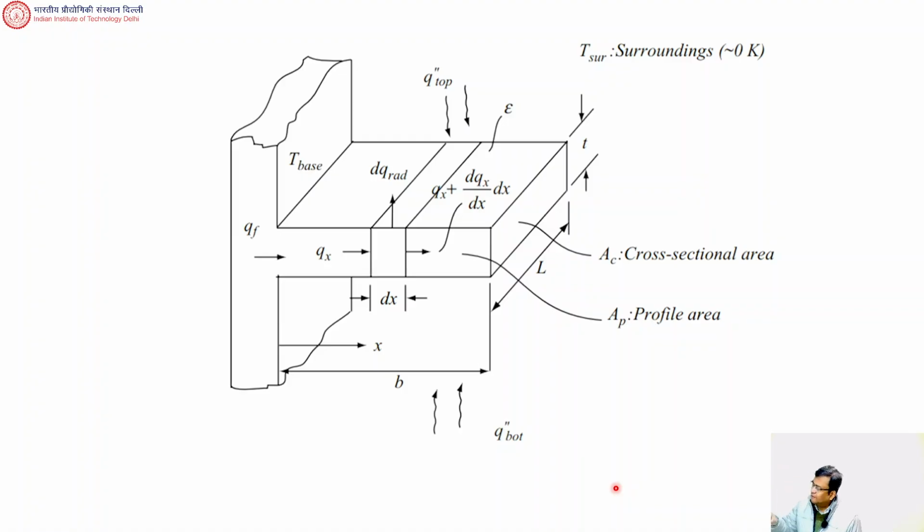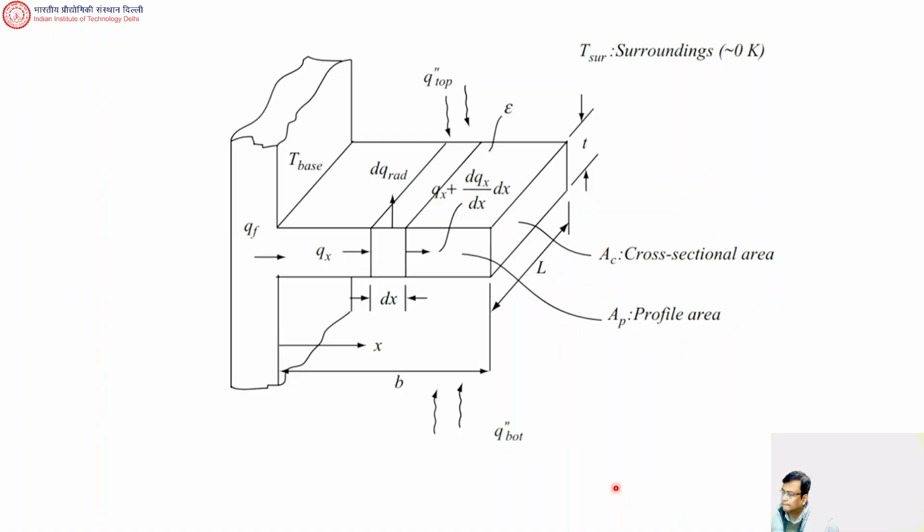Now, what are the differences that this figure has with the previous similar figure? Radiation, right? How do you know radiation is included? Emissivity is mentioned. Okay, that's one.